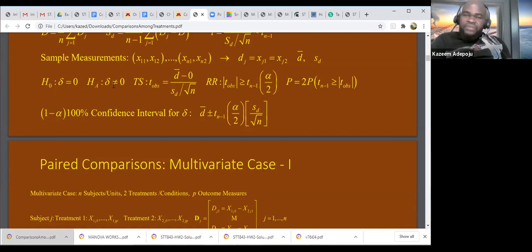Okay. And of course, if I want to do that, I'm going to use this as a test statistic. This is going to be the mean of the difference. This is going to be the hypothesized value, which is equal to 0. And this is going to be the standard deviation of the difference.